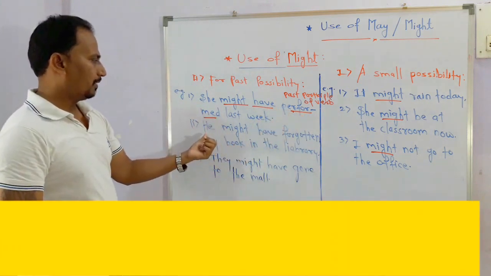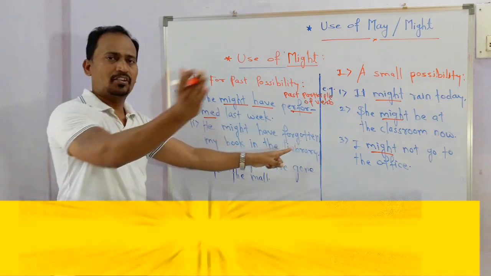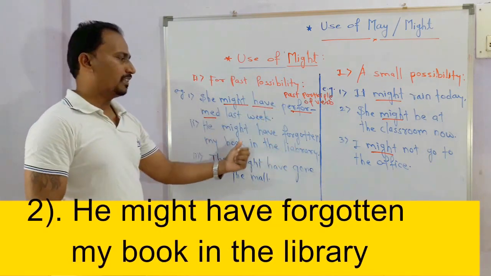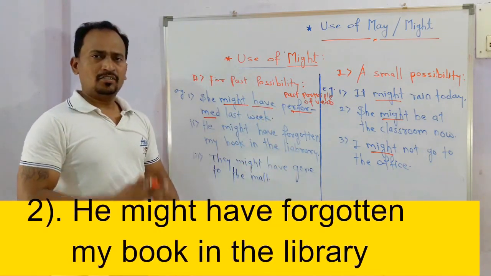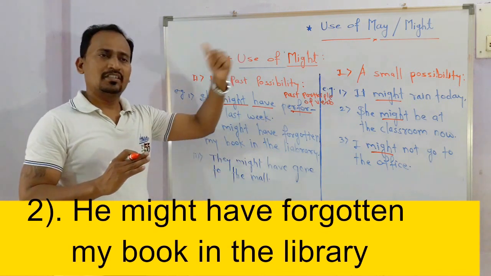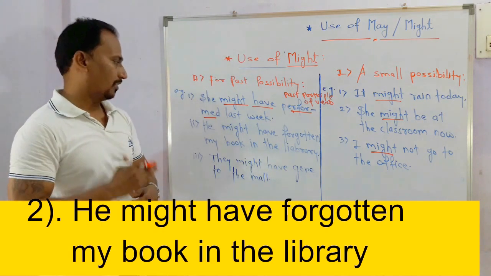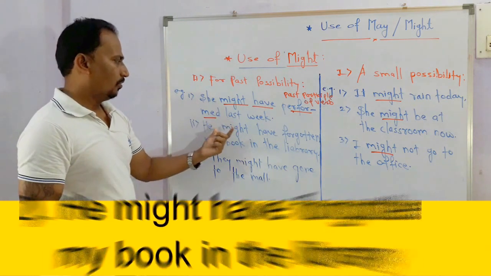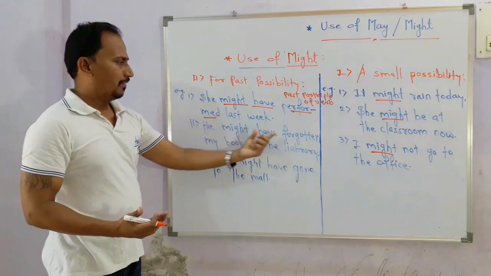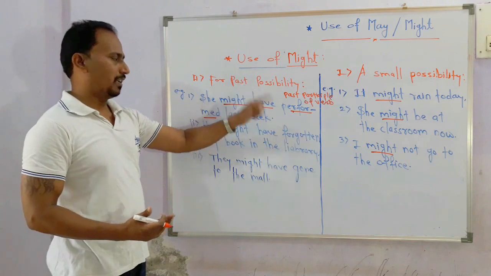See one more example. He might have forgotten my book in the library. So there was a possibility that he forgot his book in the classroom or library like this. So the past participle of the verb is used there to indicate past possibility.